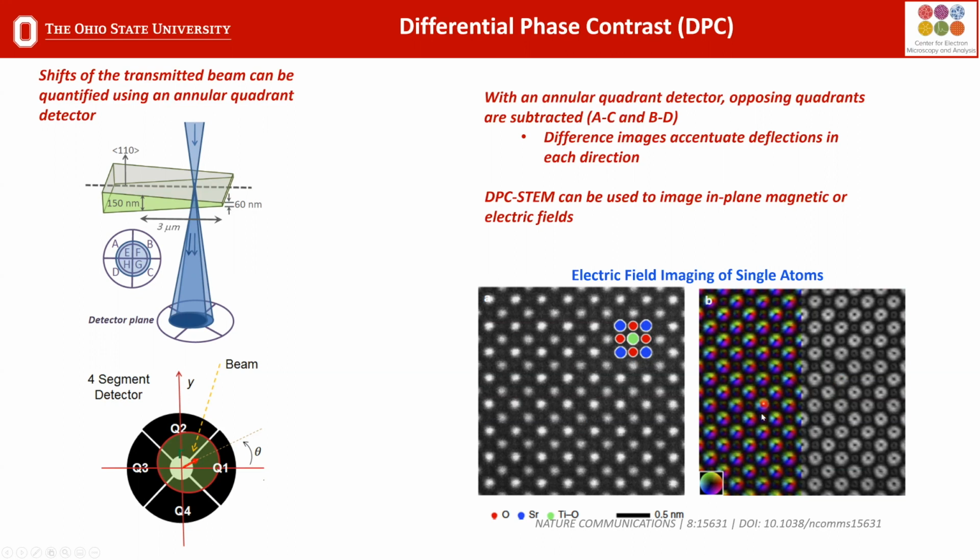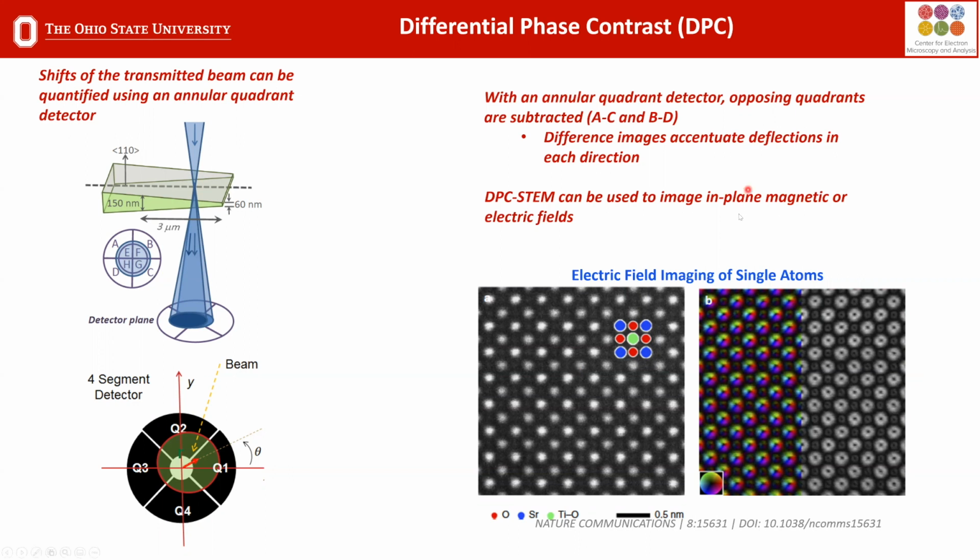And we can actually create a vector field map and show how that electrical field is changing around the atomic columns. This is stunning work. There's not many people in the world who can reproduce this type of data at this point. And it really opens doors for how we can now start probing the electrical fields around single atoms.